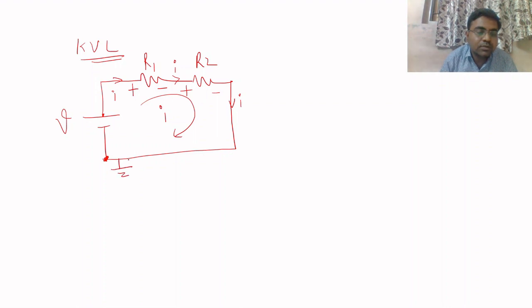Let's say this is ground, so the previous potential is 0 volt and it increased to plus V. Now the current flowing through resistors R1 and R2 is I, so these voltages will be plus VR1 and VR2.